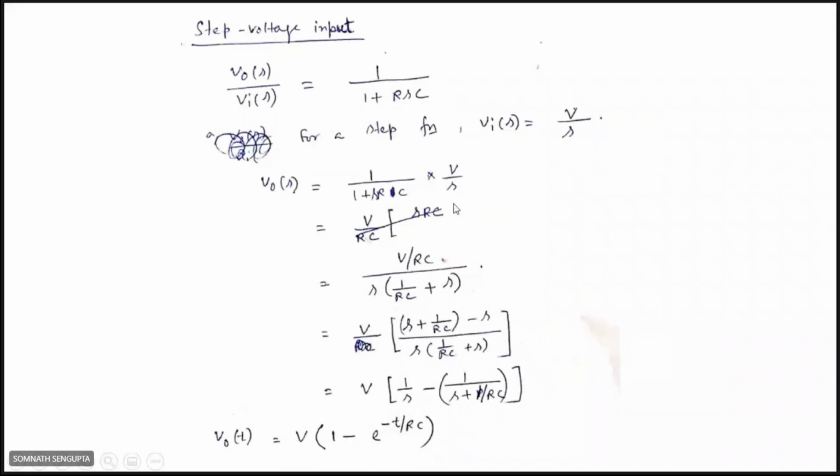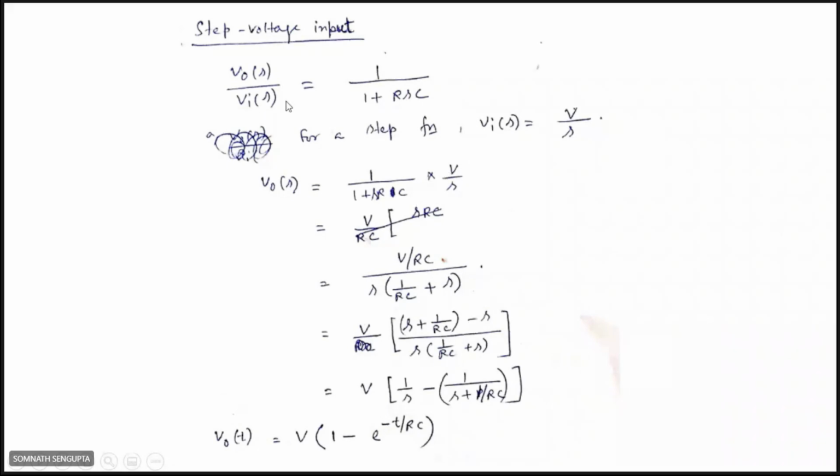Now the first case we consider is step voltage input. What is the formula for step voltage input? The relation is V0 by Vi equals 1 by 1 plus SRC. In place of Vi(s), for a step voltage the Laplace transform is V by S, so we write V by S here.